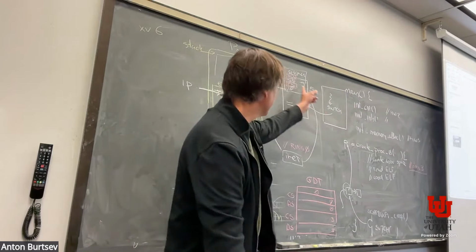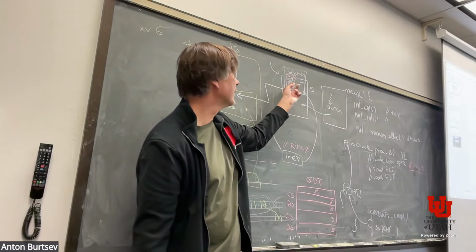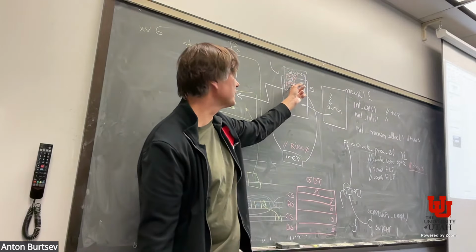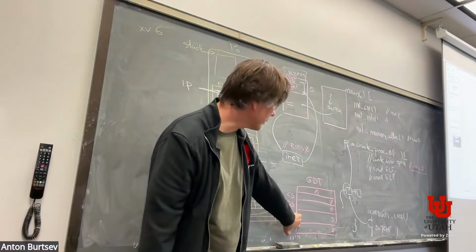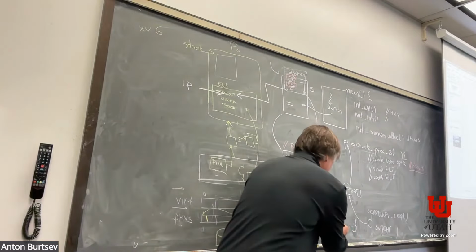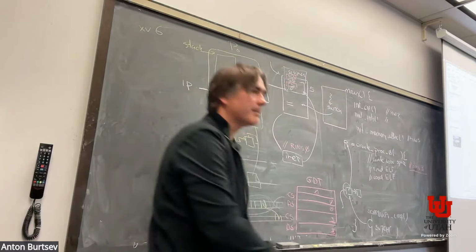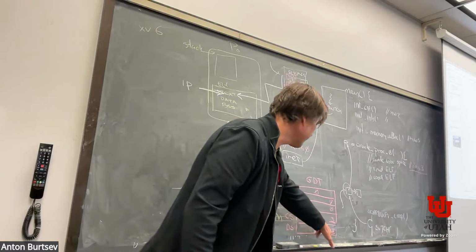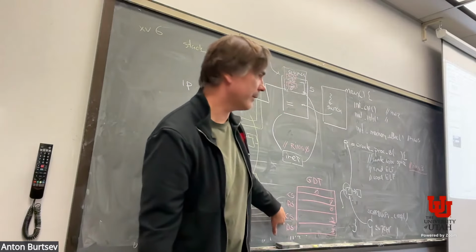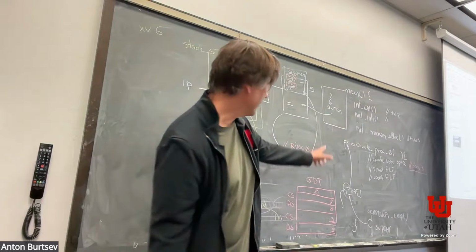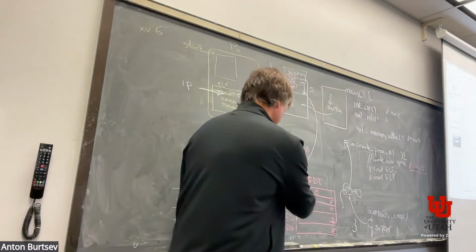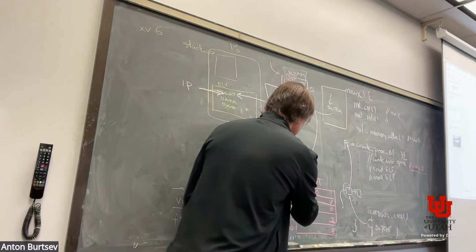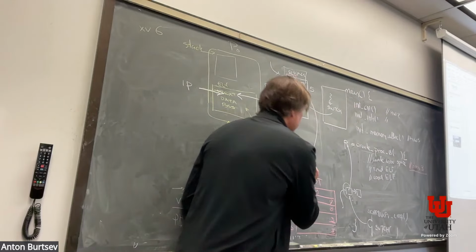But the ones we put here on this stack, both the stack segment and the code segment, will point to the code segment and data segment with privilege level 3, right? One of them is executable, one of them is readable and writable. That's why we separate them. And at this point, this IRET instruction will really switch the rings.